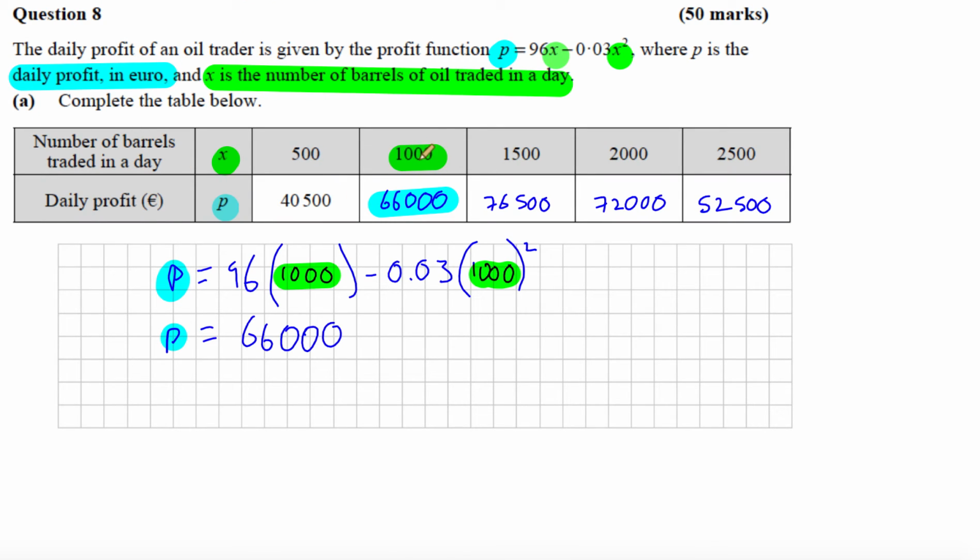Our next value then, at 1,000 barrels a day, it's a profit of 66,000.